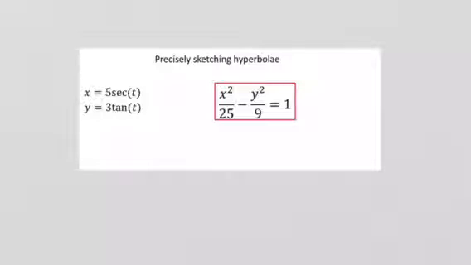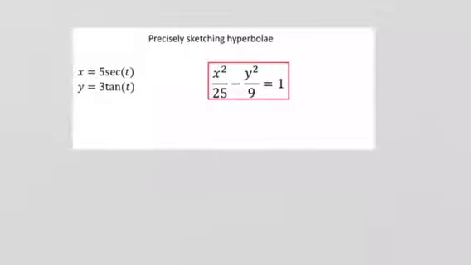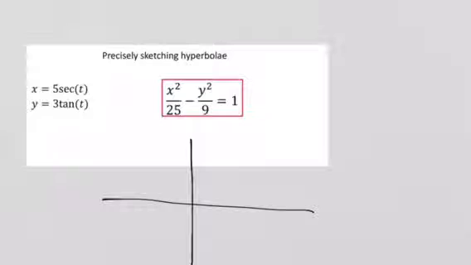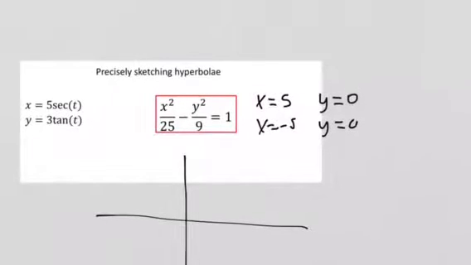Okay, so now what we can do is we can actually talk about how to sketch a hyperbola precisely. So if x equals 5, then y is going to have to be 0. Similarly, if x equals negative 5, y is going to have to be 0. And that is because if I plug in x equals 5, I'm going to get 25 over 25 minus something, and that's going to be equal to 1.